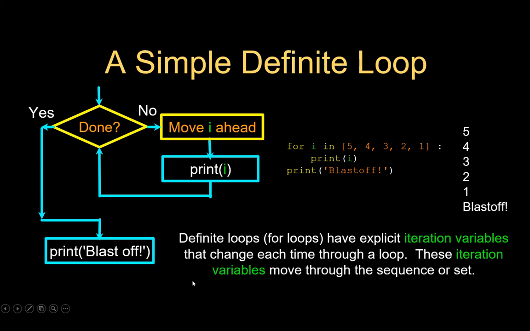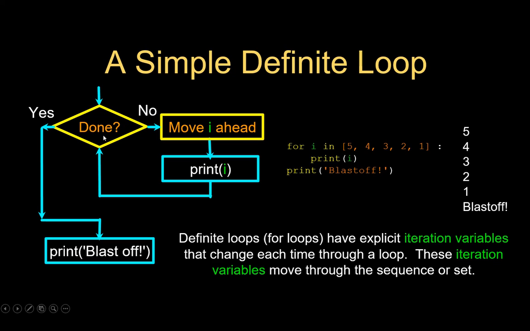So here again, going back to the similar example, what we are saying is for I in this string, print I, and at the end of it, print blast off. So the flowchart is like we get to this deciding point, which is basically the beginning of the loop.